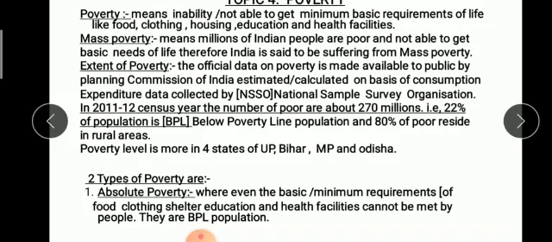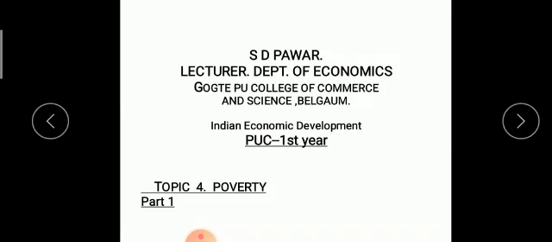They are not able to get even the minimum requirements of life. They are the BPL population, and such people we term as absolutely poor, who are not even able to get the basic requirements of life.